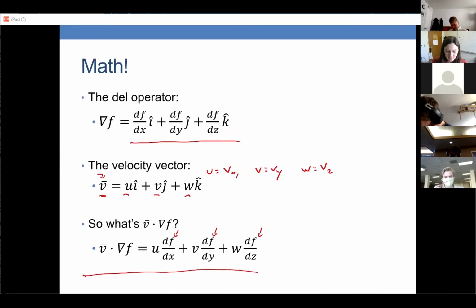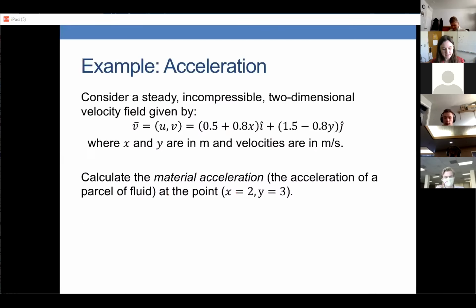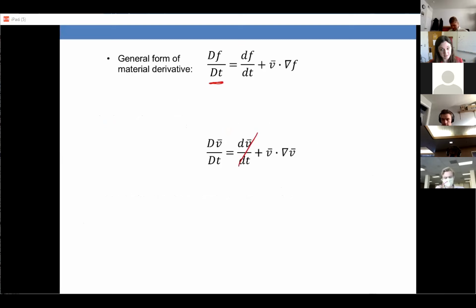And so then it has df dx, df dy, and df dz in it. And df dx can be either a scalar or a vector. So if f is a vector, df dx will be a vector. If f is a scalar, df dx will be a scalar.